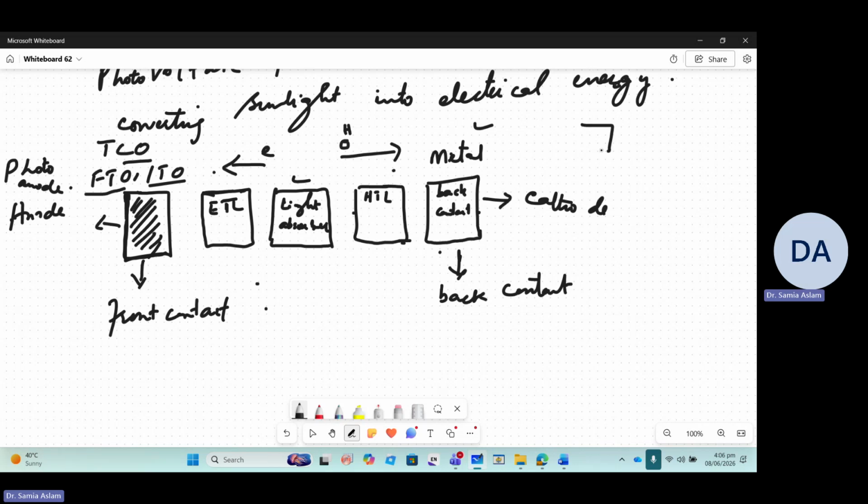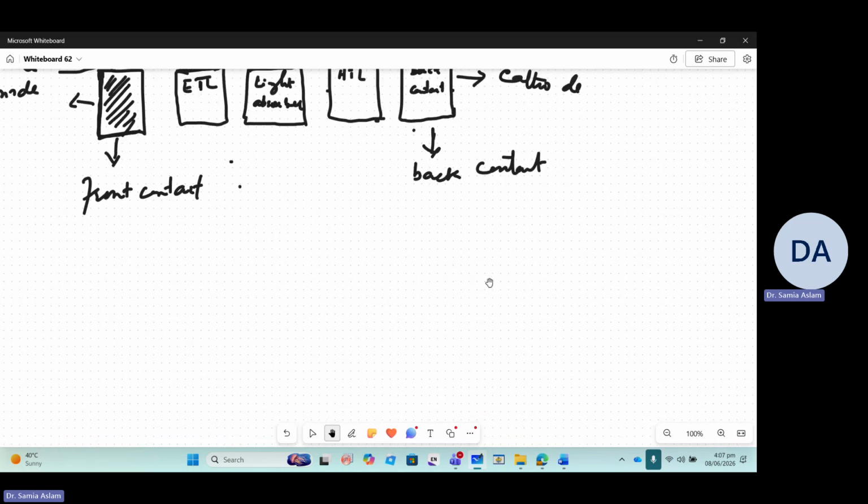The p-type material is serving as the photoanode, and the n-type material is serving as the cathode. These are the fundamental parts or components of a solar cell, for any kind of generation, from the commercial silicon solar panel to the fourth generation lab grade device.